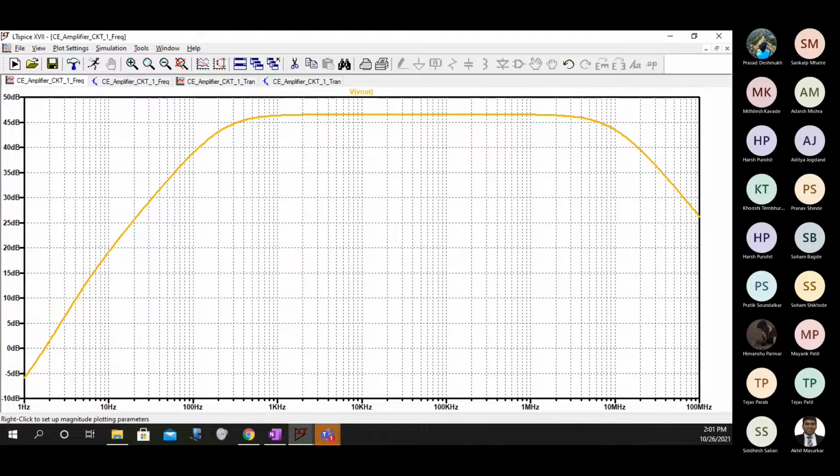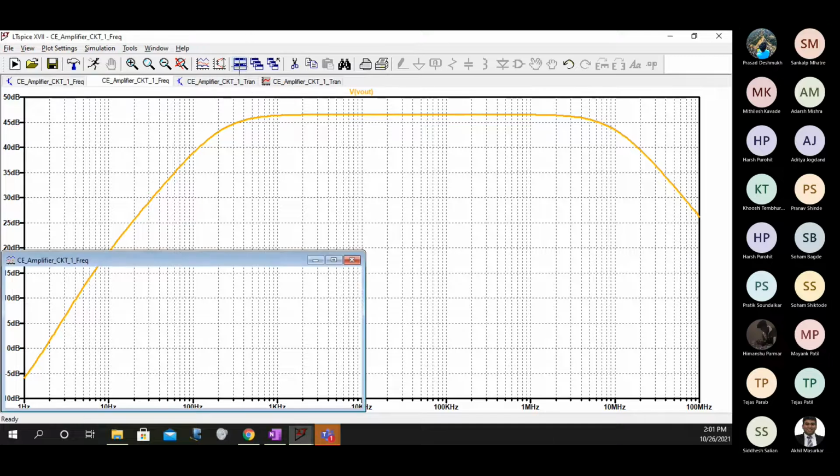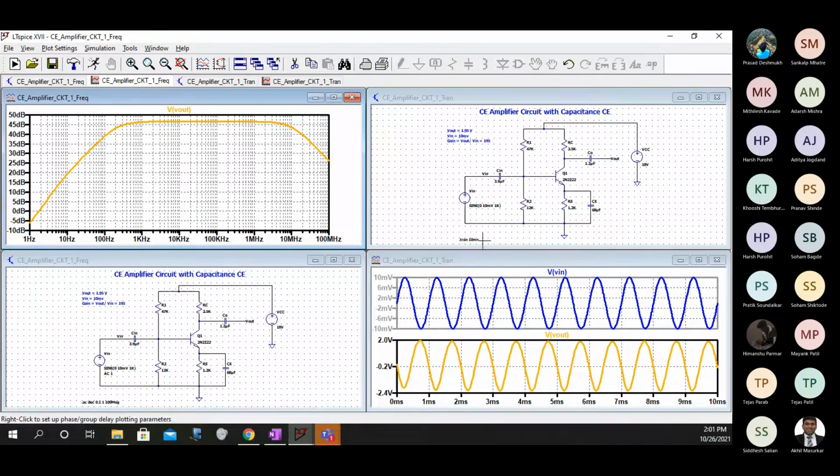Can we write some command which can directly give me the value of gain and bandwidth? While you post this in the chat box, I want to see these two circuits and graph. Not all of you have posted it. First you post this in the chat box, then I will show you an automated way of calculating bandwidth and gain.